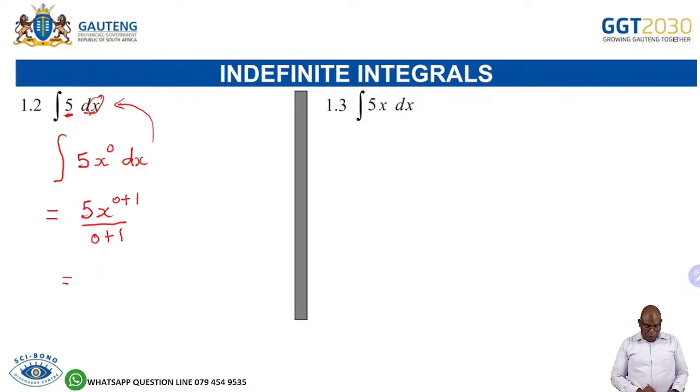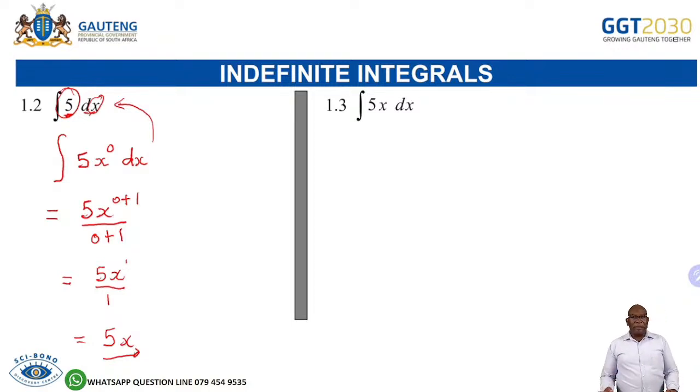So therefore, I'm going to have 5x to the power of 1 divided by 1. Then the answer there will be 5x. So if I take 5x and then differentiate it, I must get 5. Okay, so that's how we integrate. So every time when I want to integrate, that's what I'm going to do.